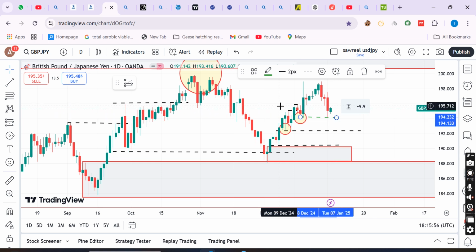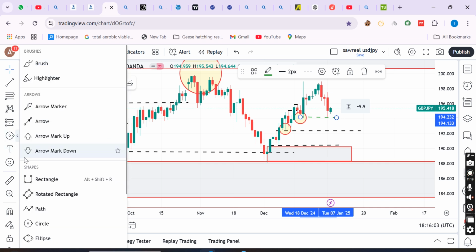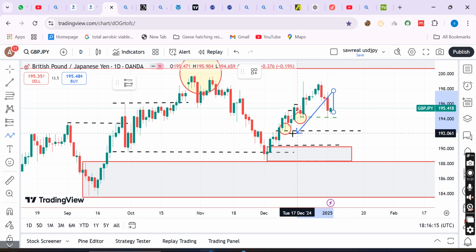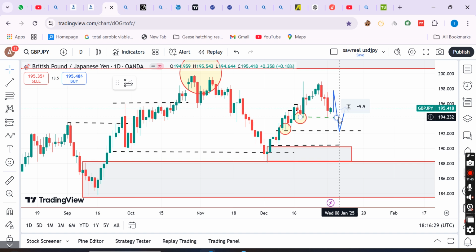So perhaps what can happen is that price is going to do something like this, come up a bit, react off somewhere here, come down and take this liquidity, and then go up. So that is one scenario.